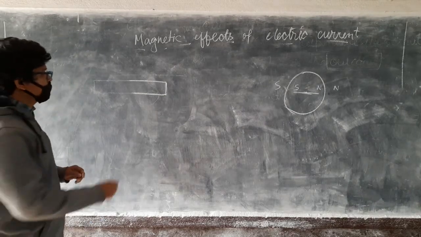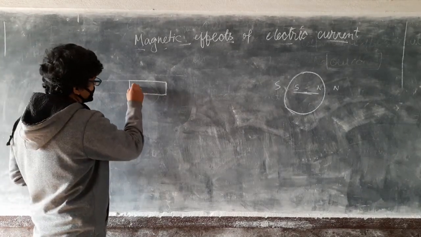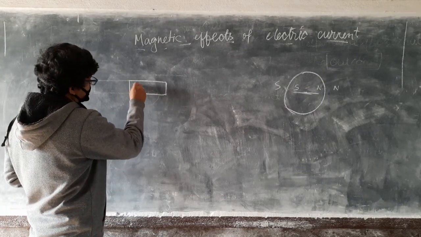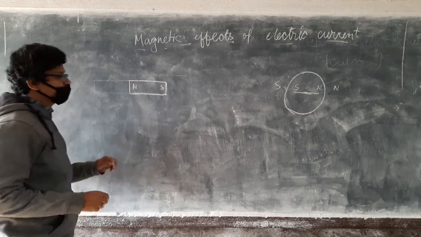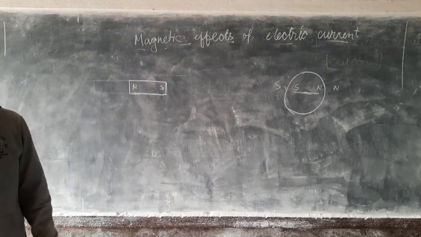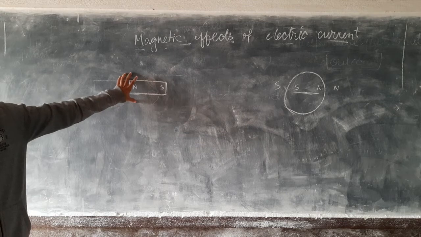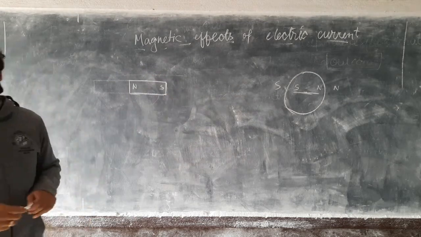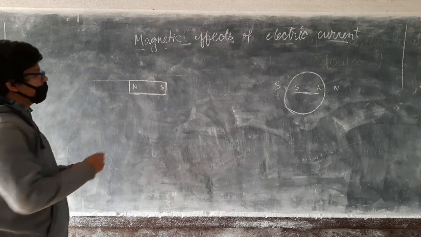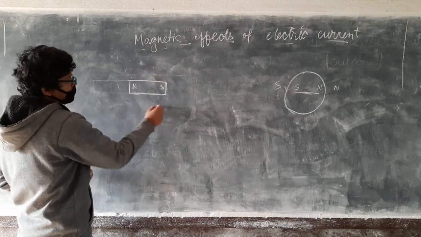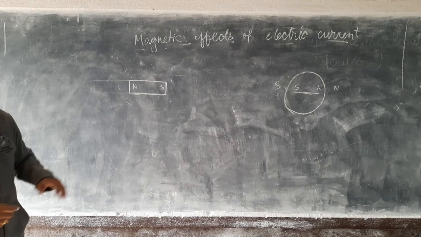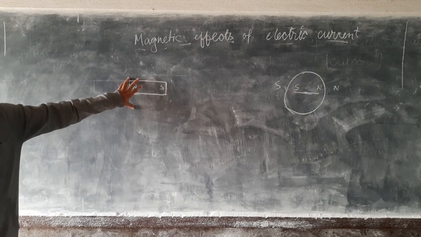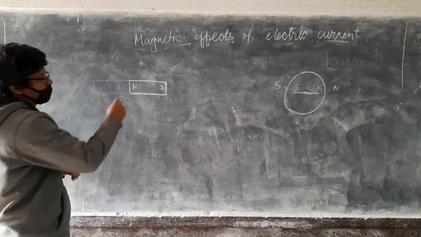Suppose this is the magnetic bar. Let us say this side is the north pole, this side is the south pole. If you place this magnetic bar near iron pieces, make an iron piece very small and place it here. Now what you will observe is that these iron pieces will get oriented in a specific manner.